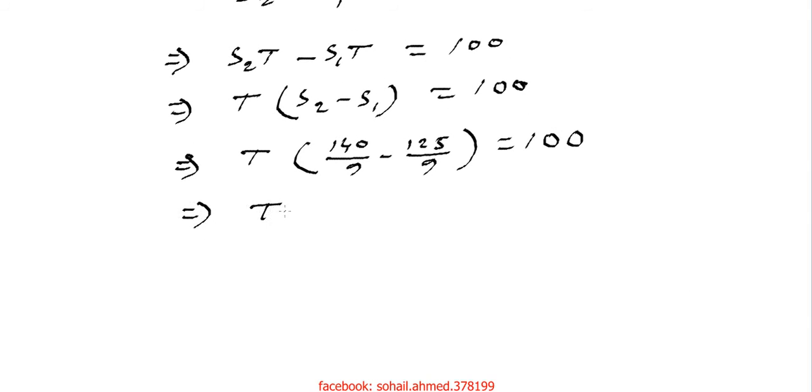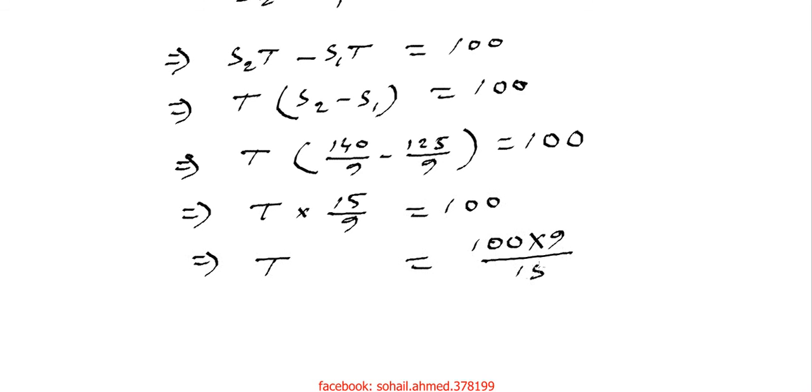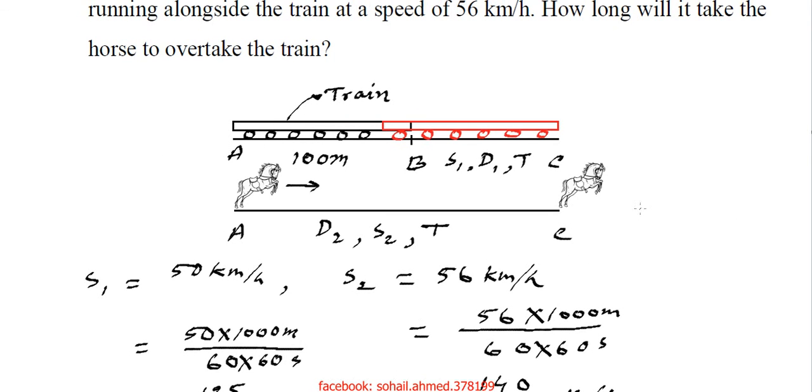Implies t into 15 by 9 equals 100. Implies t equals 100 into 9 by 15. So t will be 60 seconds. So in 60 seconds the horse will overtake the train at point C.